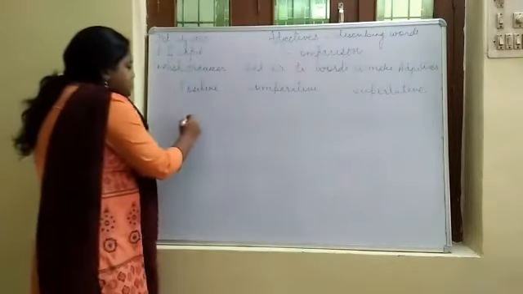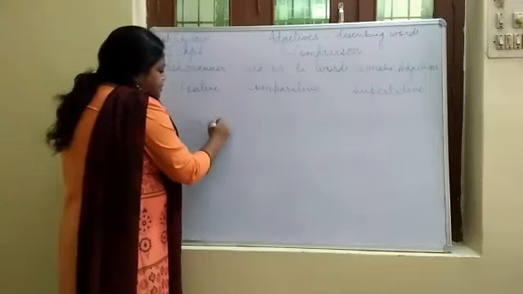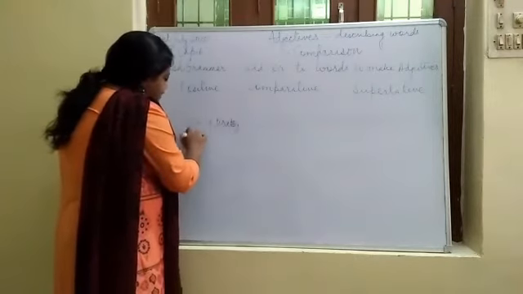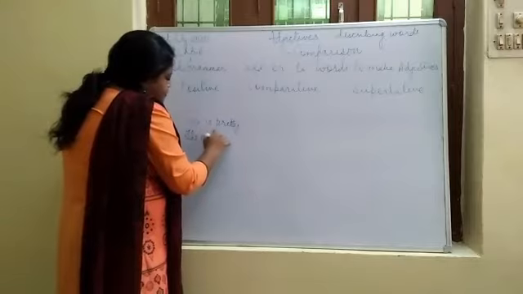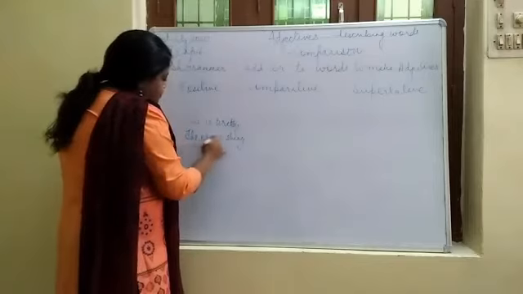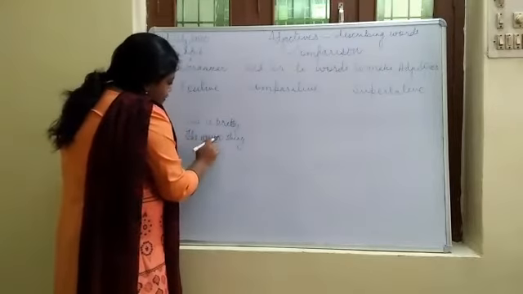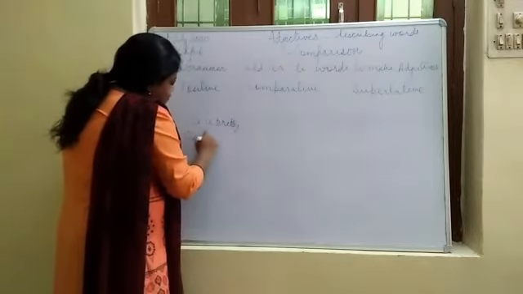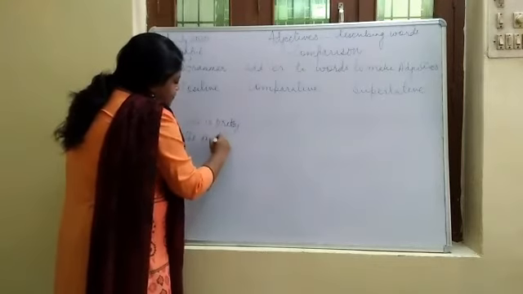Examples like: she is pretty, or the moon shines. Then we can write: the moon is shining.